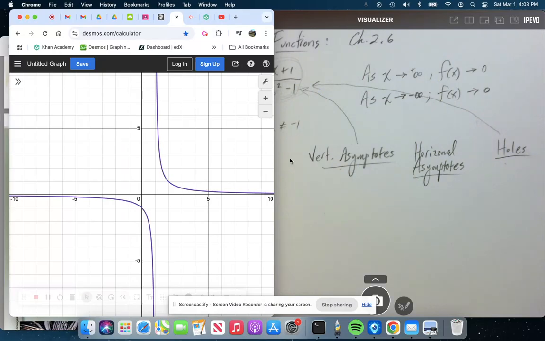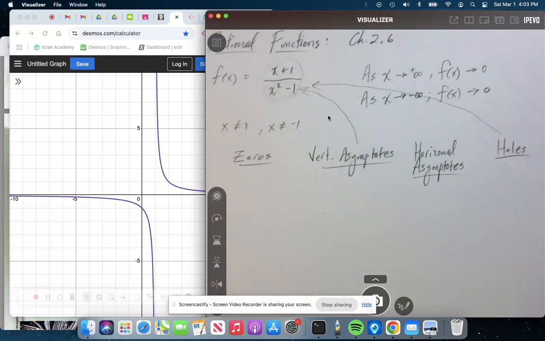Because when x is positive, you end up with a positive over a positive, which is still positive. But here, as x approaches negative infinity, you end up with a small negative number over a very large positive number. So you end up with a very small negative, because negative over positive is negative. So it still approaches 0, but from underneath. It goes up this way. Okay.